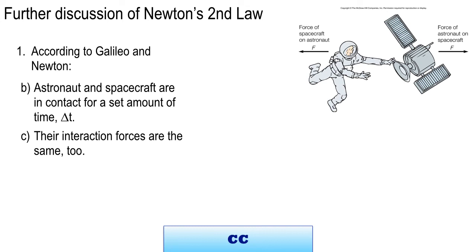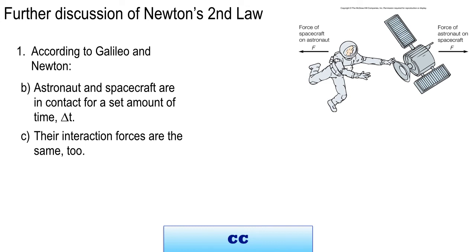So delta t, if he's pushing for 1/10 of a second, that's the interaction time. Because that is true, the product of F and delta t for both spacecraft and astronaut has to be the same.